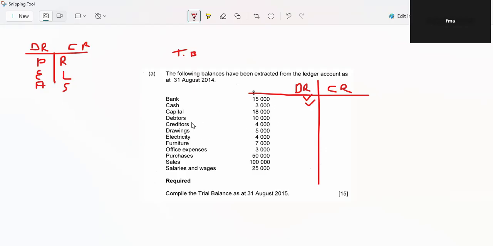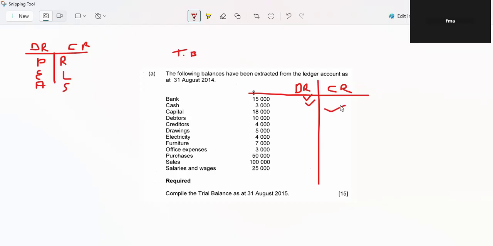All right, so we're looking at how to balance up the trial balance. So you should be able to tell me which one goes to the credit, which one goes to the debit. So we started with bank, we are debiting. Cash, we're debiting because it's a current asset. Capital, where does it go? Credit, because it's a revenue.